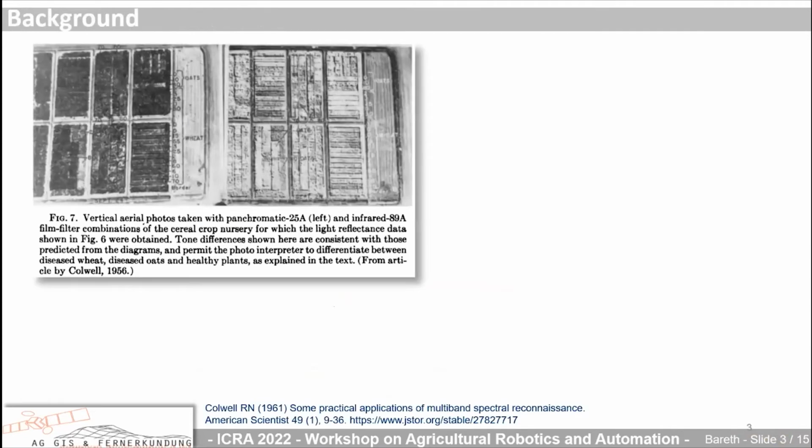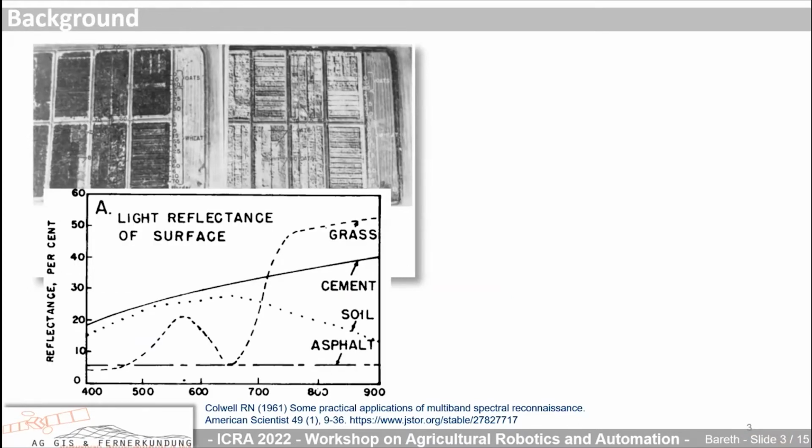From the background, what do we usually do in remote sensing? This is also not new. We do multiband, hyperspectral, multispectral image acquisition, as it was described here in the 50s.